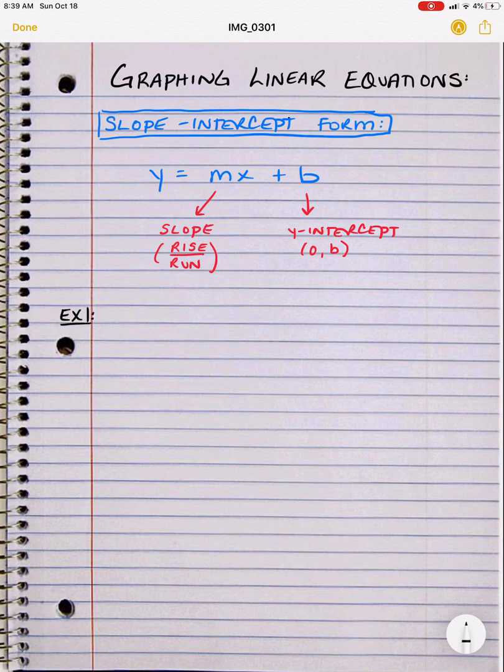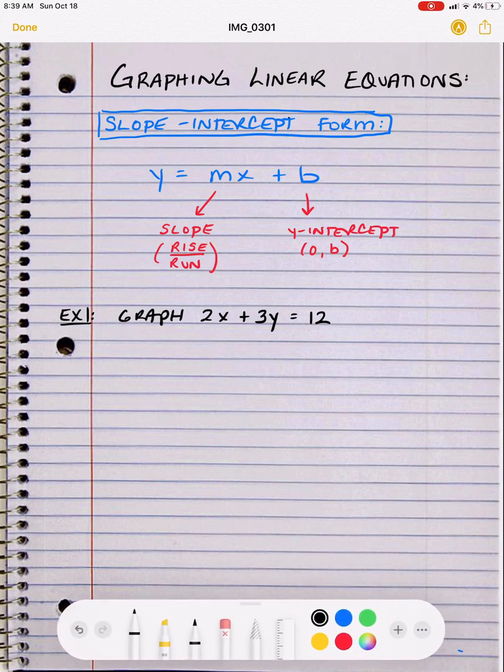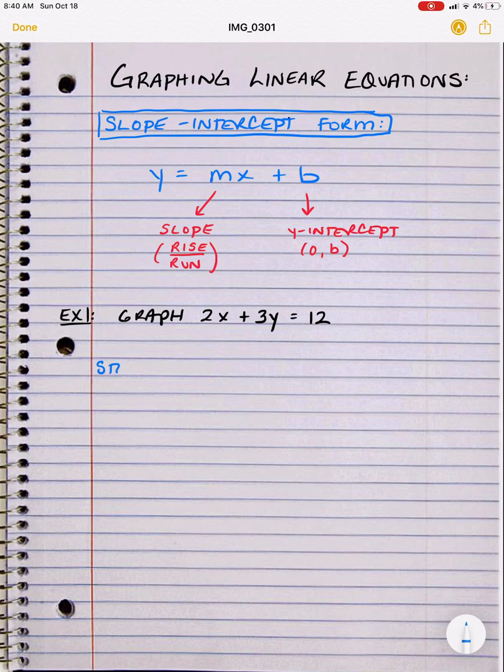Example 1. You are going to graph 2x + 3y = 12. Okay? So first thing, step 1, we need to write the equation in slope-intercept form.